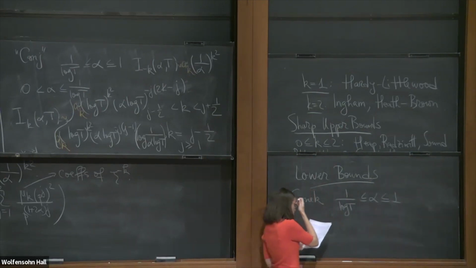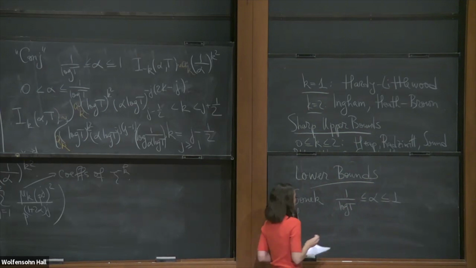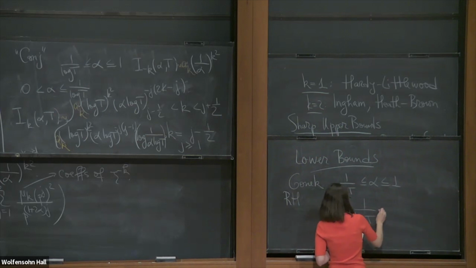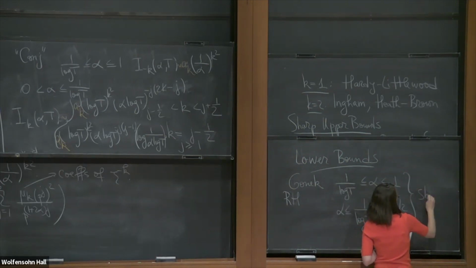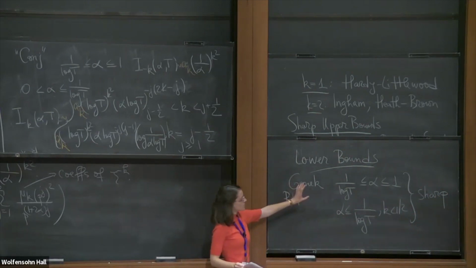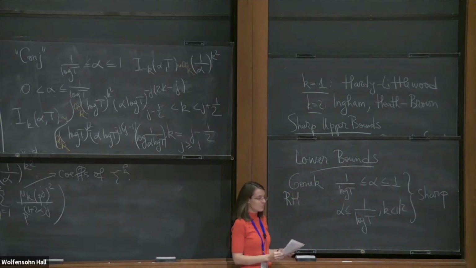And he also got sharp lower bounds, again all conditional on the Riemann hypothesis, when alpha is less than 1 over log t and k is less than 1/2. So he essentially got sharp lower bounds in these ranges, which agree with his conjecture from random matrix theory.